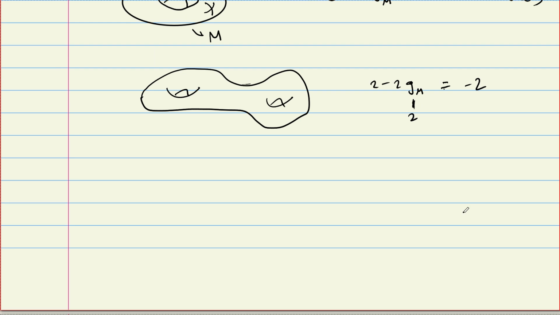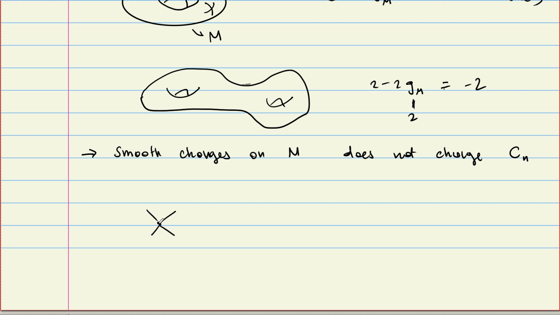And the power of this picture is that if you change the surface smoothly, smooth changes on M does not change Cn, right? It is what we call topologically protected. So you have some charge, it's emanating this flux, and you have this surface.